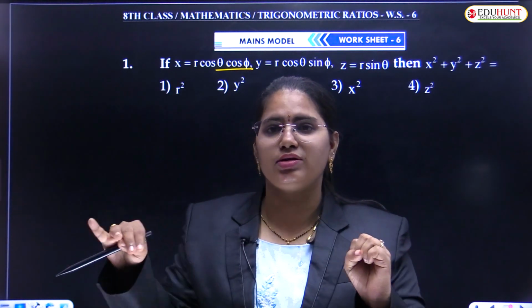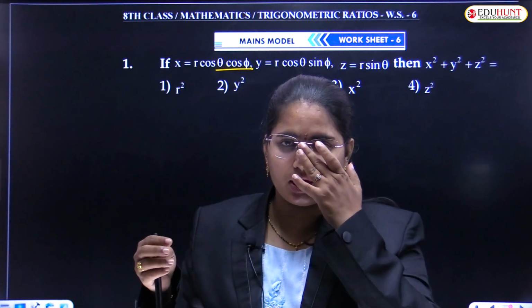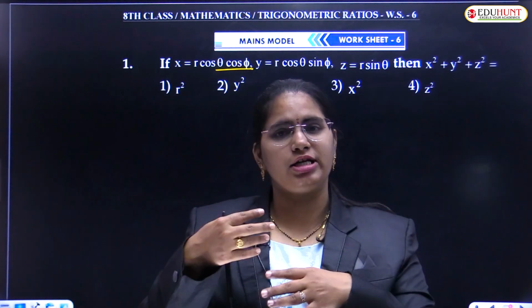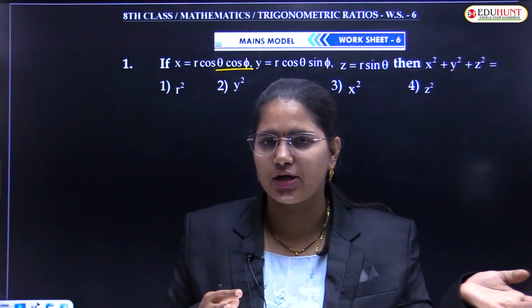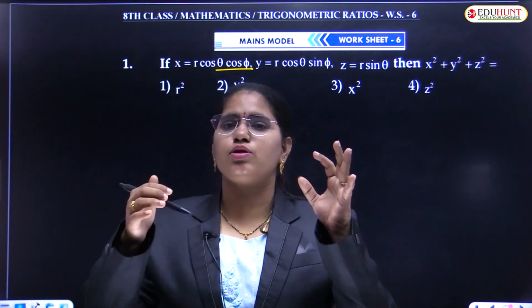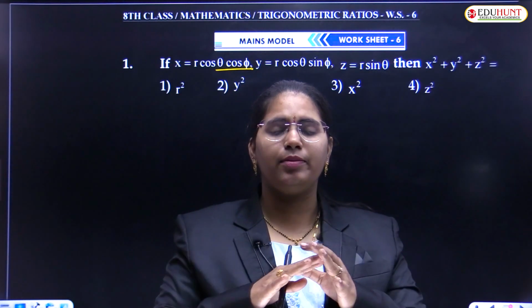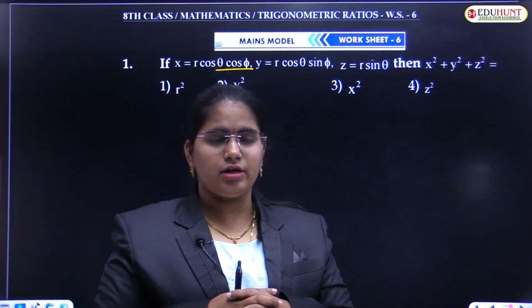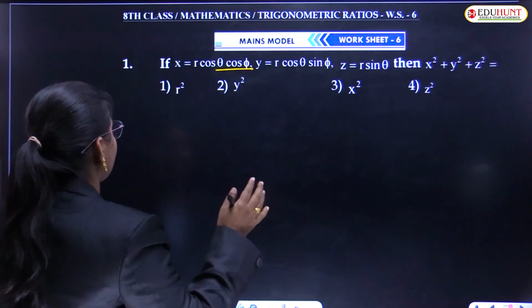You should not have any theta left. It's your wish: you can add, multiply or subtract. Whatever you do, in the end you should eliminate all these terms from the result.